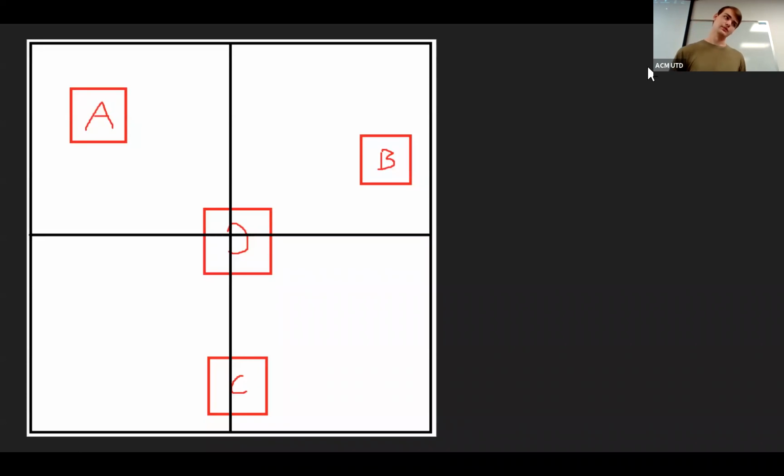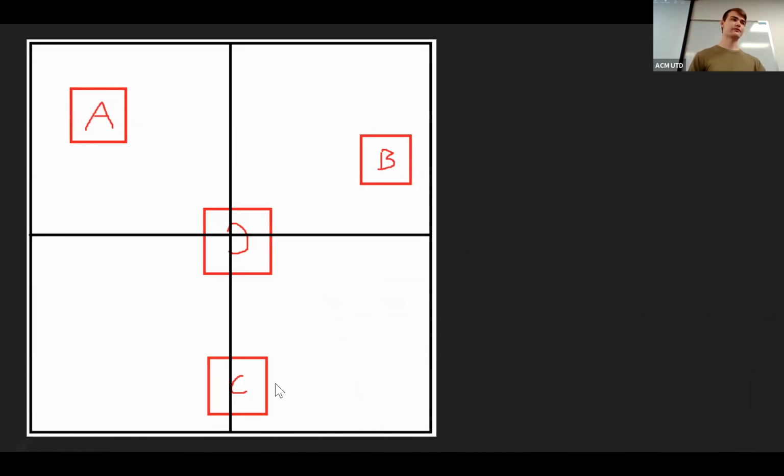Now, we could do this as an approximation of the simpler examples I just gave using points, where the midpoint of each rectangle determines which quadrant it's in. But that leads to problems in the narrow phase, where say A is up here, B is over here, and both C and D are in this quadrant because their midpoints are in this quadrant.